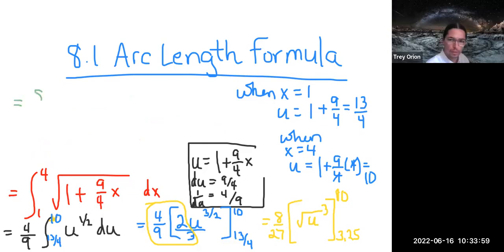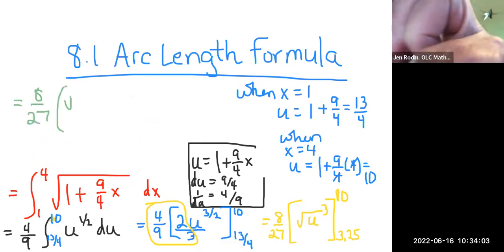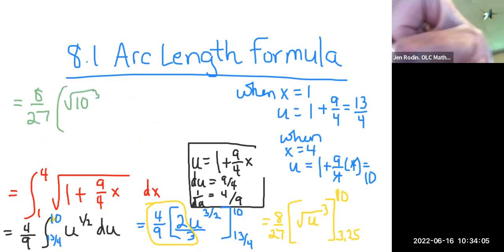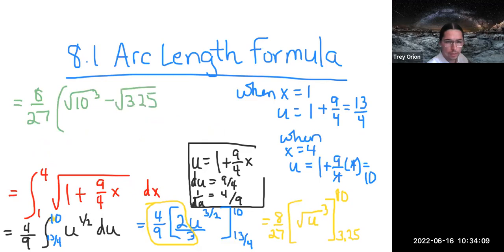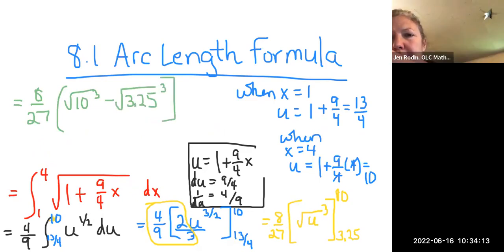So yeah, 8/27 times the square root of 10 to the 3rd minus the square root of 3.25 to the 3rd. Where did we get 8/27? Right here. 4 times 2 and 9 times 3. I just pulled them out of there so they wouldn't be crowding it up.